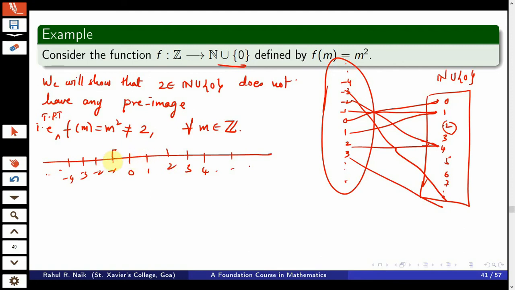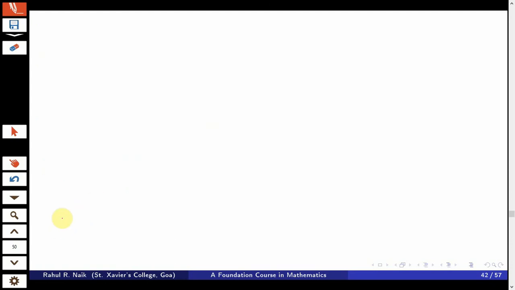I will consider minus 1, 0, 1 in one part, and I know for these integers the image is either 0 or 1, because minus 1 and 1 are mapped to 1 and 0 is mapped to 0. In the second case, I would consider all those integers which are greater than or equal to 2 and less than or equal to minus 2. That is the same as saying that its magnitude, its modulus, is greater than or equal to 2. So I have two cases, and in that case also I am going to show that its image is not the same as 2. So I divide this into two cases.